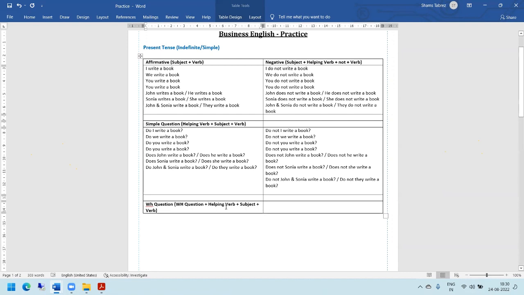And verb, all that format we have. Okay. So what we can do is, let's now make sentences.